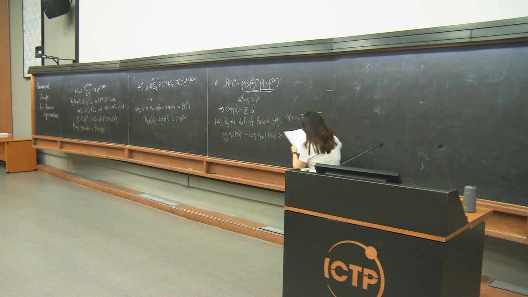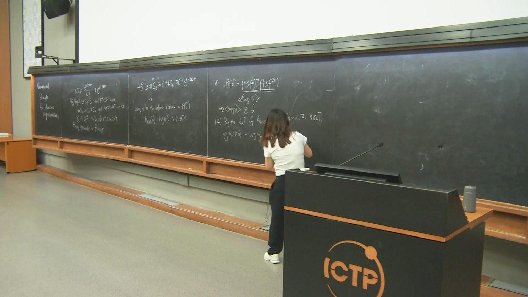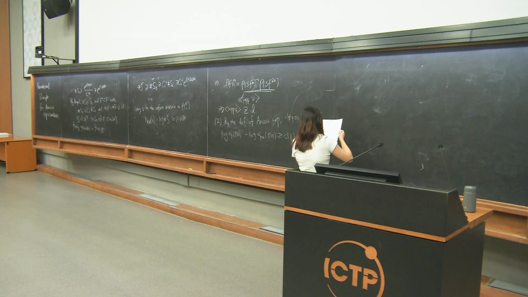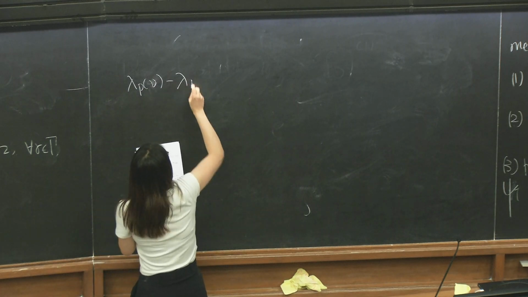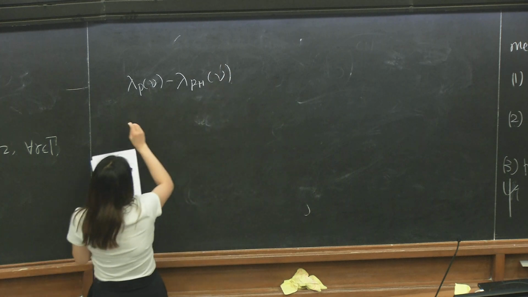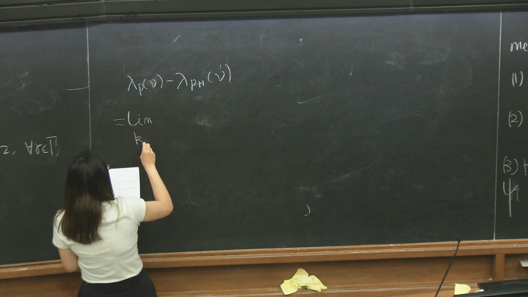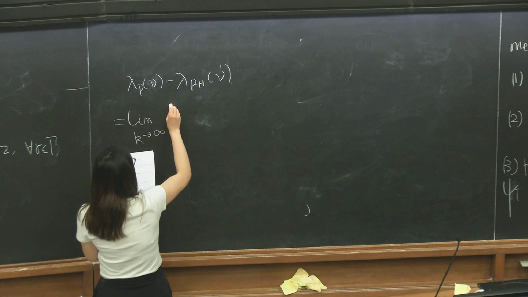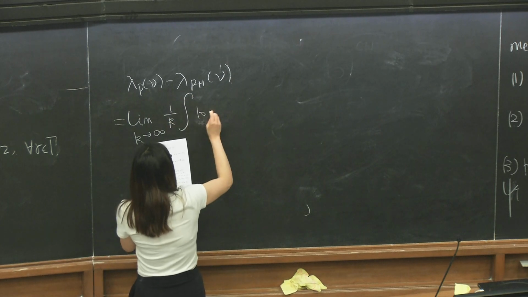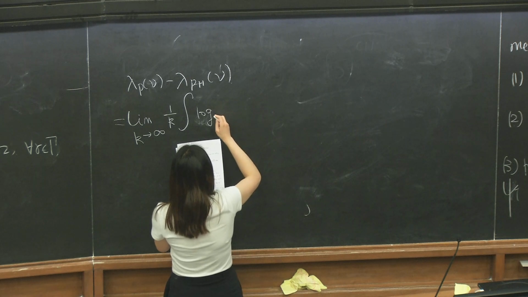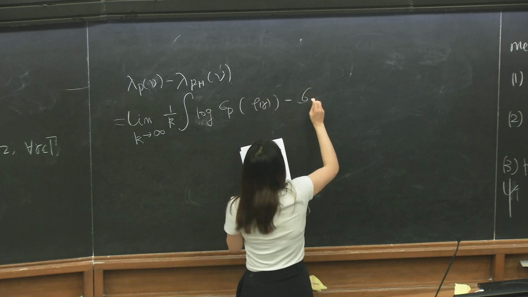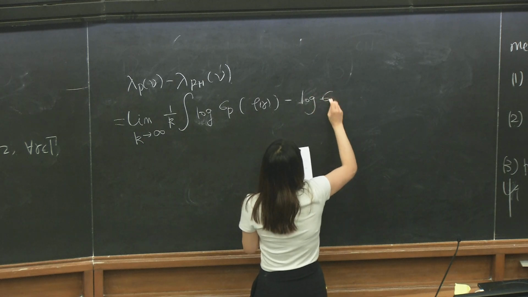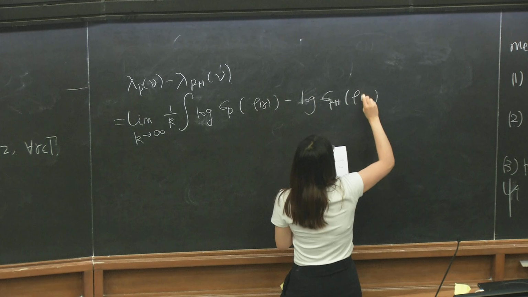Once we have this, now lambda p of nu minus lambda p plus 1 of nu is by definition the limit as k goes to infinity of 1 over k times log sigma p of rho gamma minus log sigma p plus 1 of rho gamma.